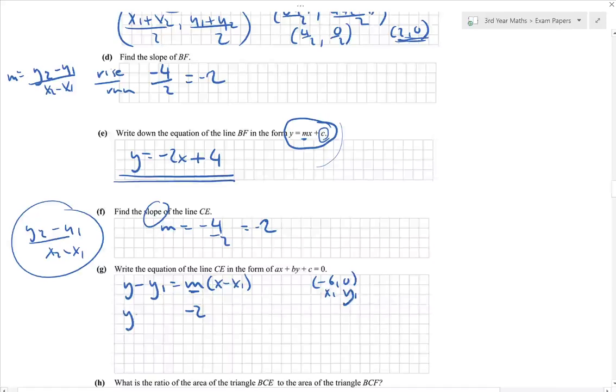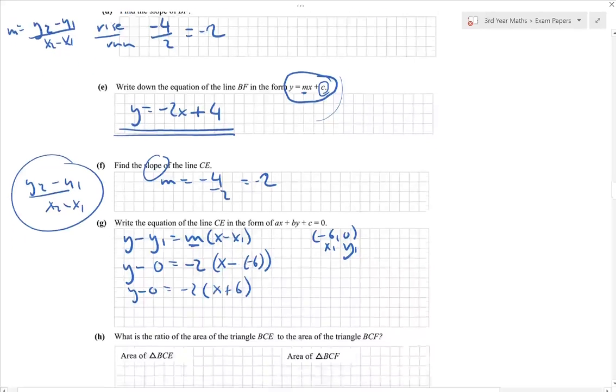So y minus y1 is equal to m bracket x minus x1. The next one is a minus 6. Just to simplify it, we know a minus by a minus is a plus.